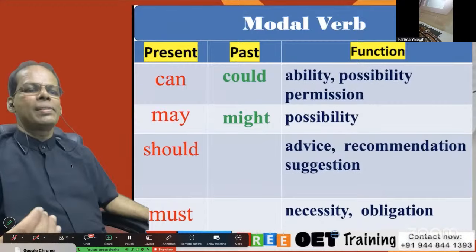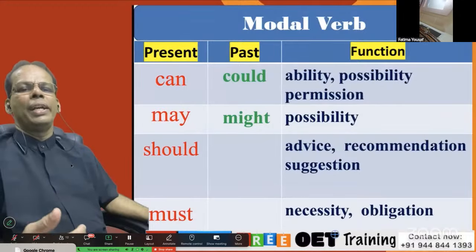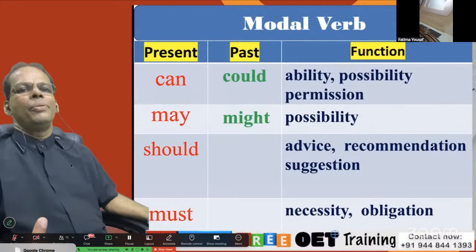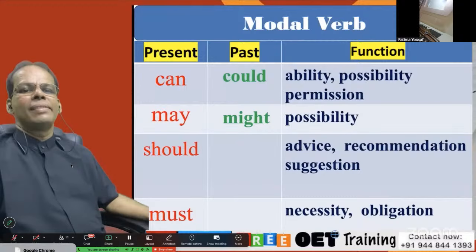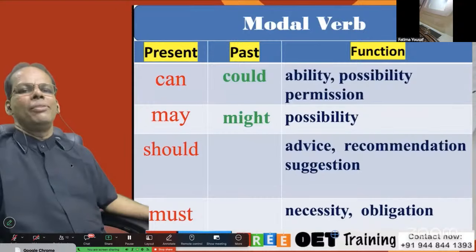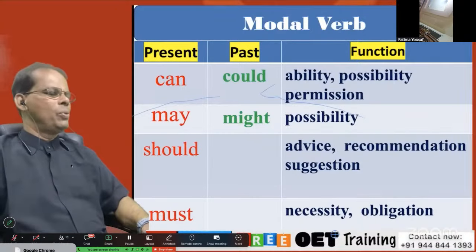"Should": advice, recommendation, suggestion. You should practice every day means you can practice, that's my recommendation. If I say you must practice every day, that is mandatory. If you don't practice, I will shout at you. "Must" is necessity, obligation, what you have seen now. These are the only possible modal verbs that you will be using.